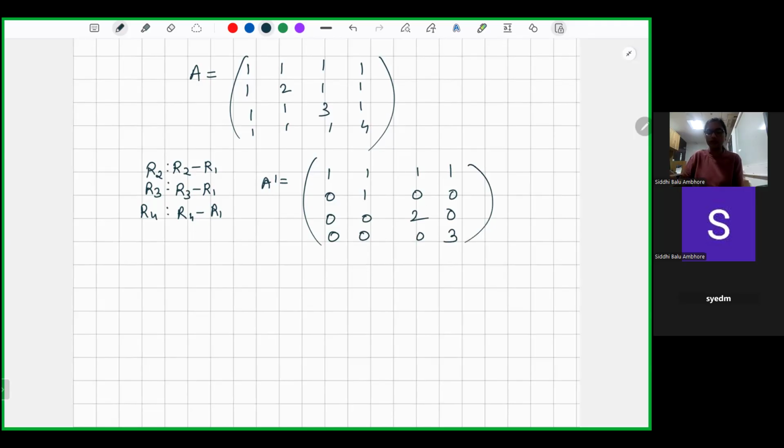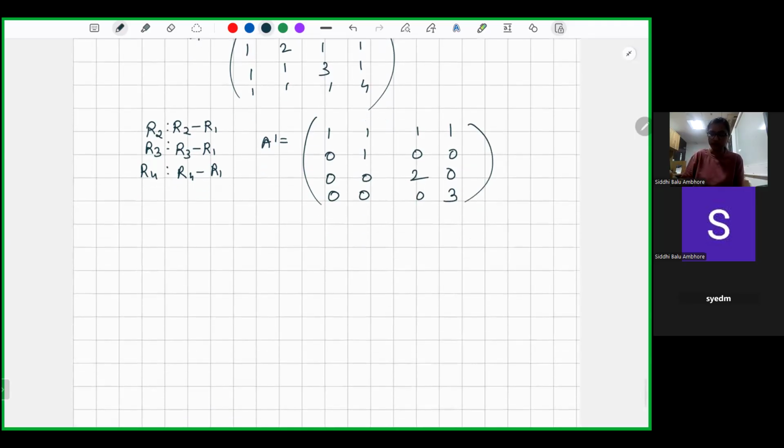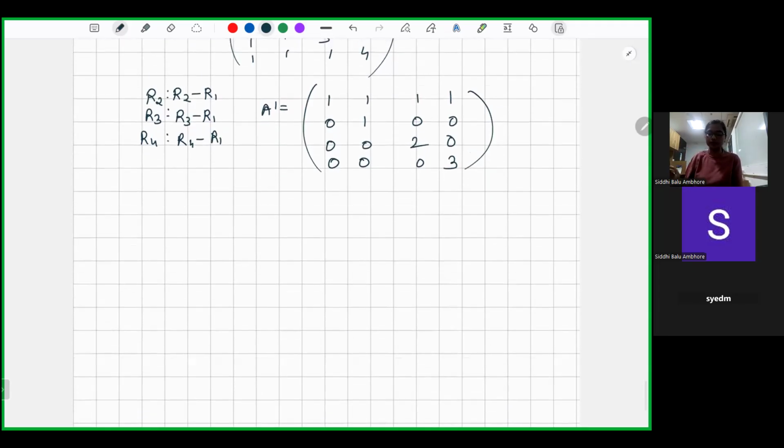So yeah, correct. Right, and now we can calculate it with respect to the first column maybe.